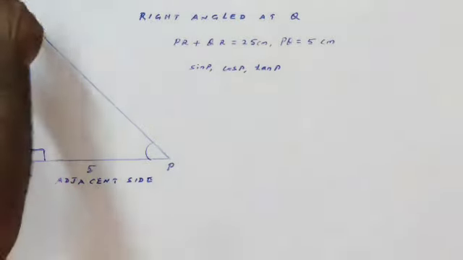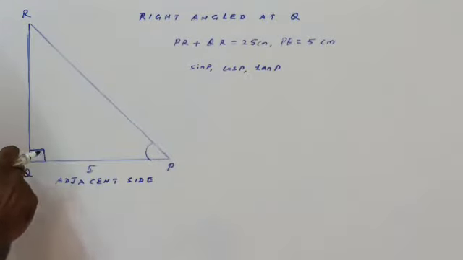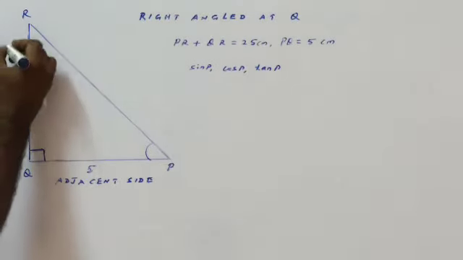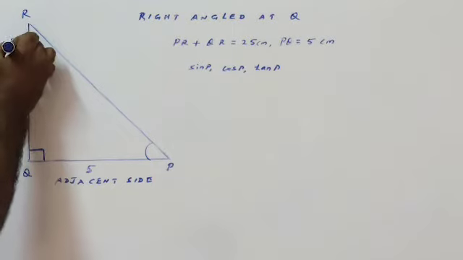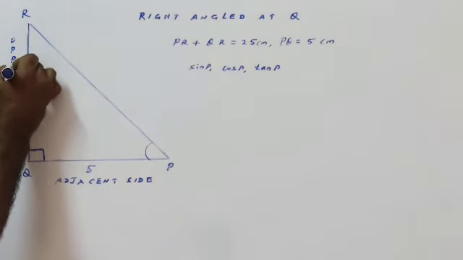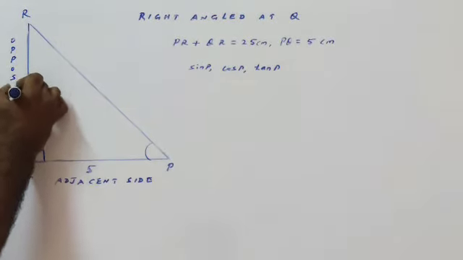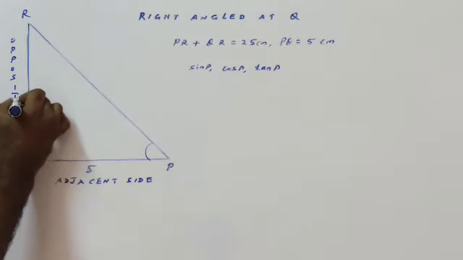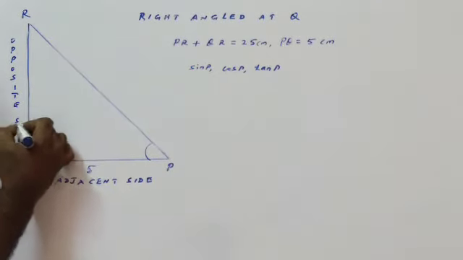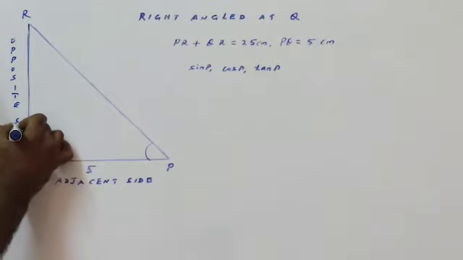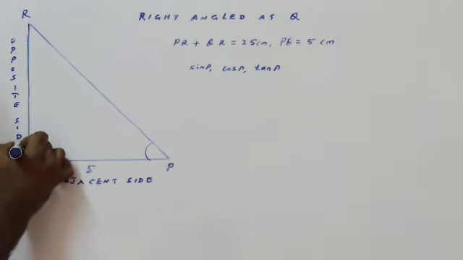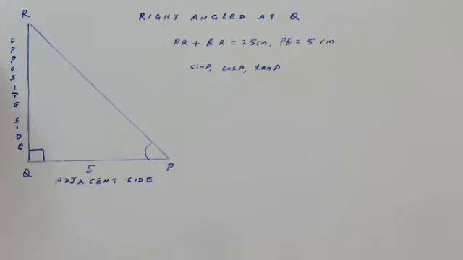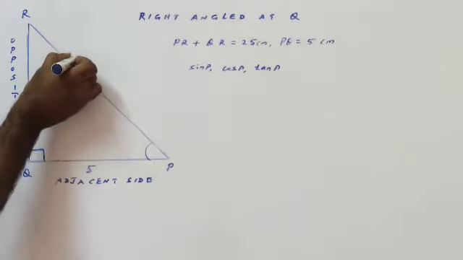The side that is vertical to the adjacent is called the opposite side. So QR, that is the opposite side. The slant line PR is the hypotenuse side.